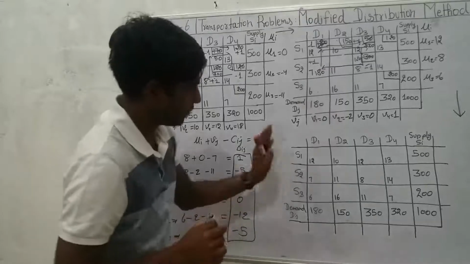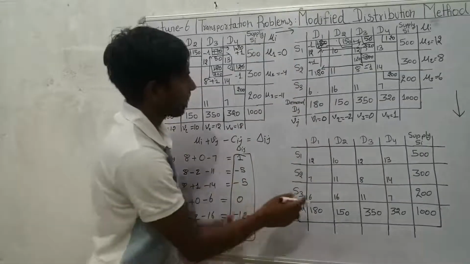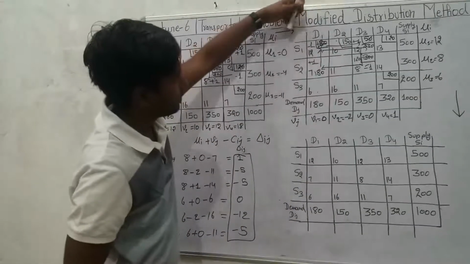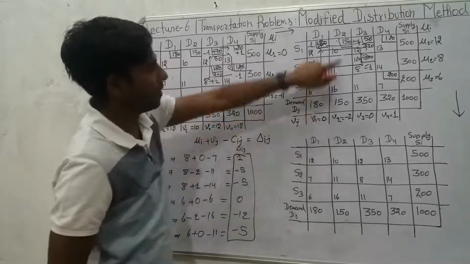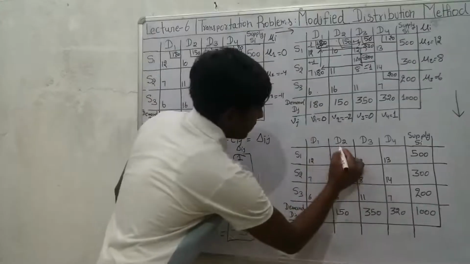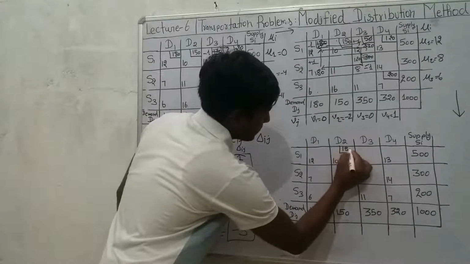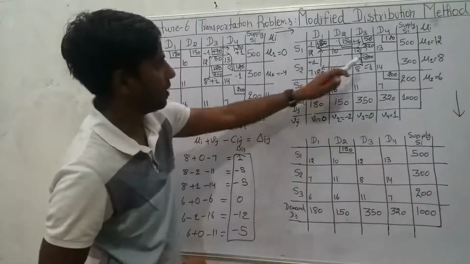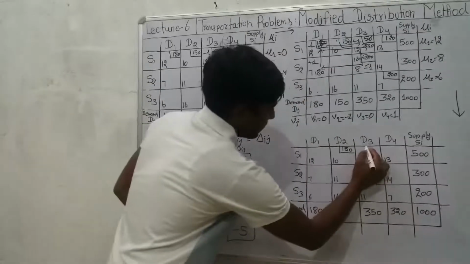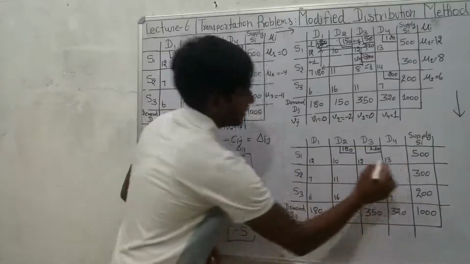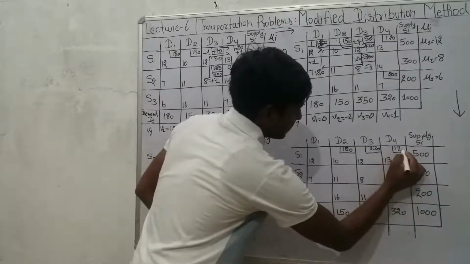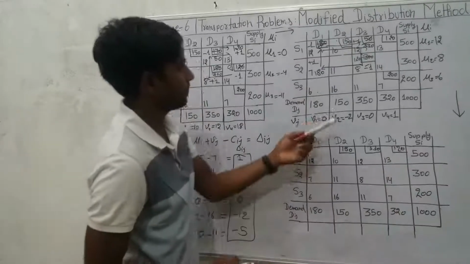So let's put these values into this table. In this cell, there is no more allocation of units, so the allocation would be 0. In this cell, it is unaffected, so 150 units would be there. In this cell, 330 units, and in the next cell it is 120, unaffected.